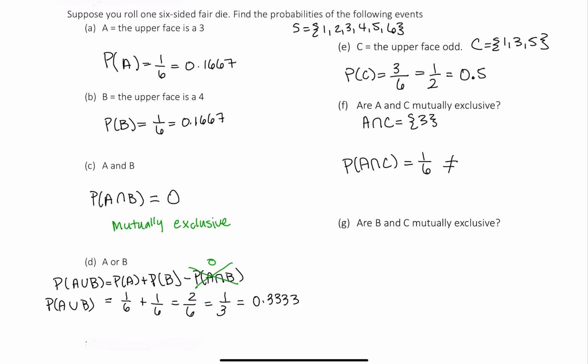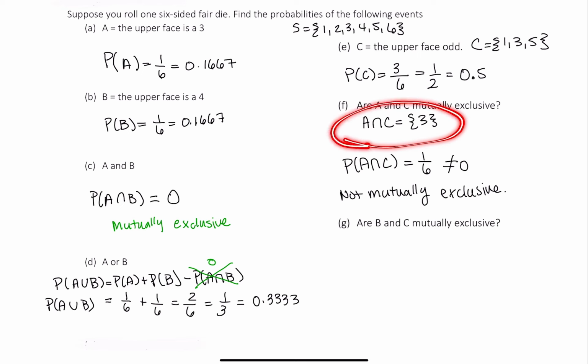Since it's not equal to 0, these are not mutually exclusive. We could have also stopped here when we identified that they share an element in common and just written they're not mutually exclusive since they can occur simultaneously. I will add that.